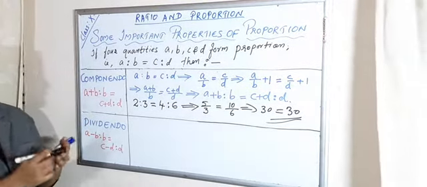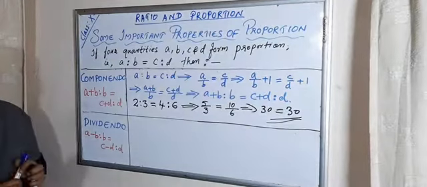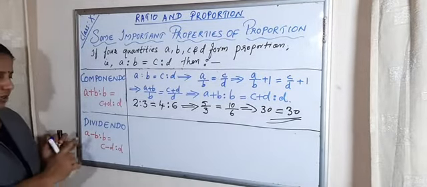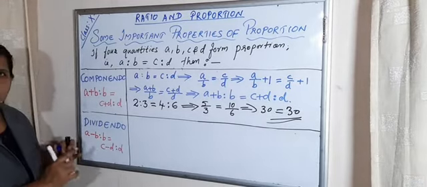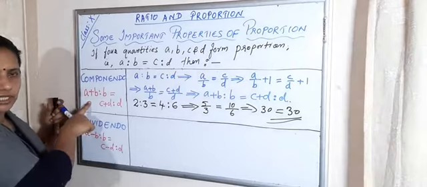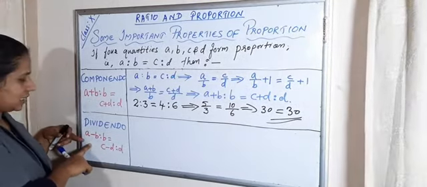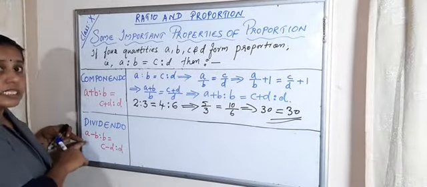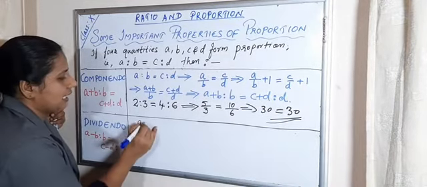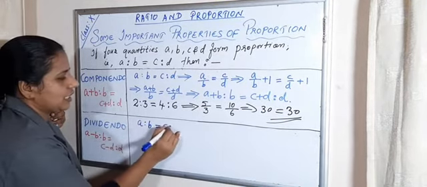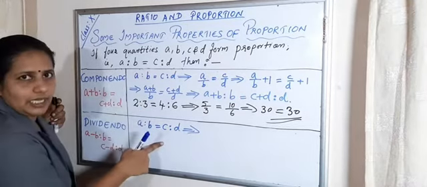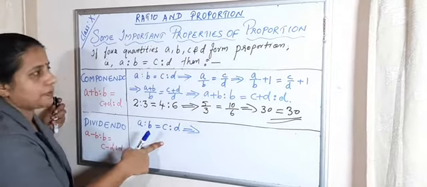Next one, dividendo. What does the dividendo property mean? A minus B is to B equal to C minus D is to D. Here we are subtracting the second from the first. If A is to B equal to C is to D, in componendo it is addition, in dividendo it is subtraction.